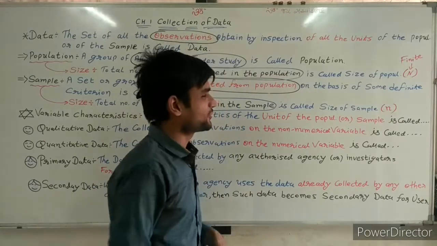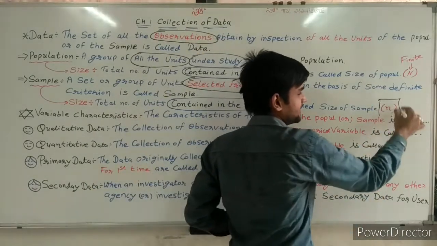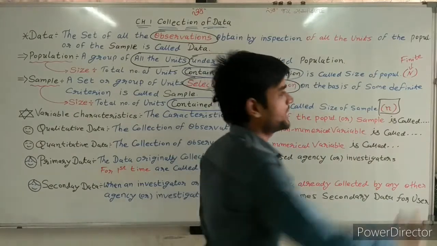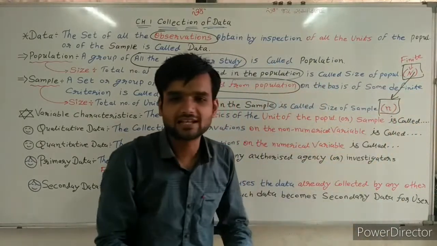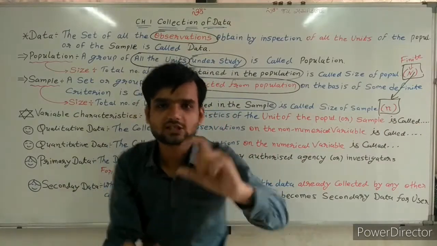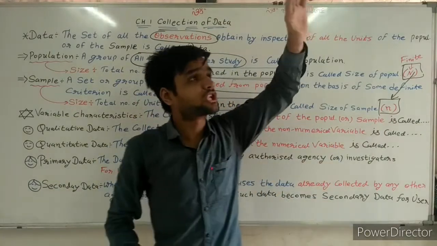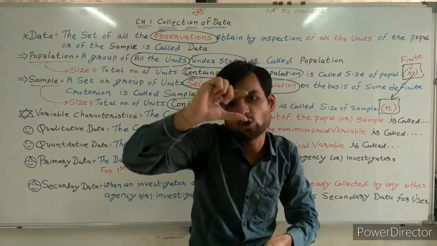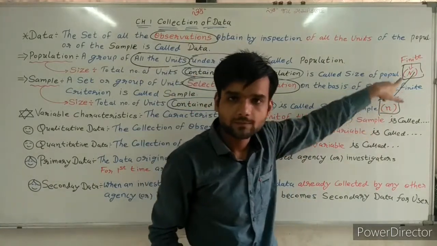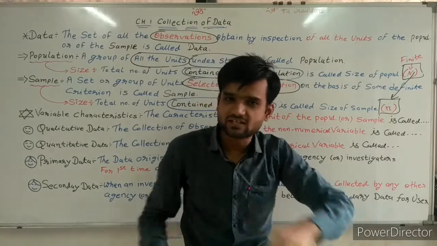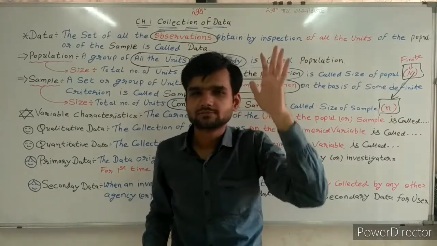And that is denoted by small n. Population is capital N, and from the population we are selecting a sample, so it's a small n. Population big N, sample small n. Size of sample. I think each and everything is clear.